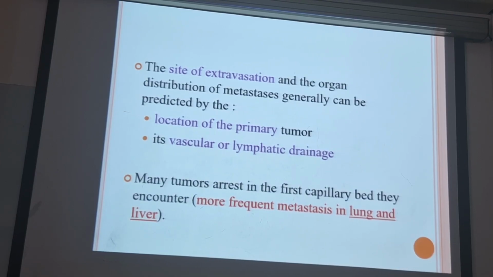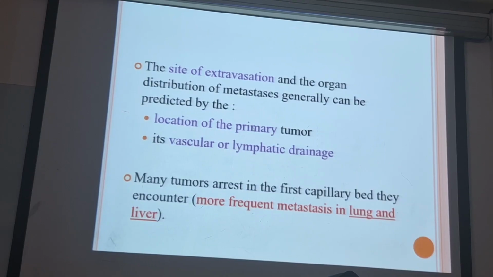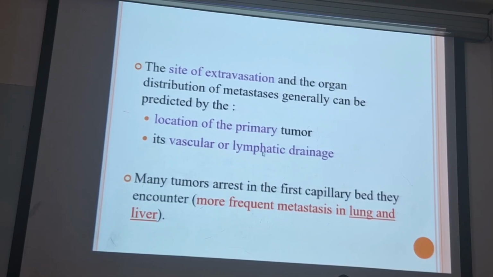And finding the sentinel lymph node is very important because sometimes in the surgery, the surgeon needs to find the sentinel lymph node for removing the involved lymph node. So, the site of extravasation and site of metastasis is related to the location of primary tumor and also the vascular or lymphatic drainage of that area.